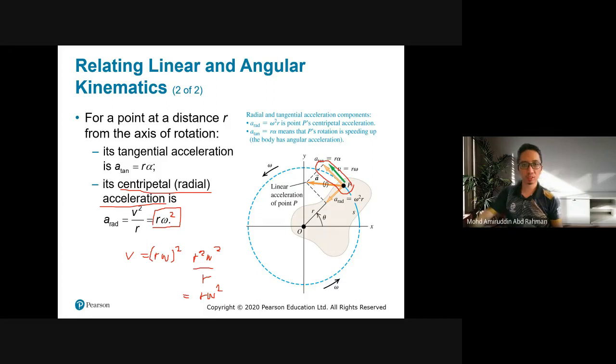It is the square root of (r alpha) squared plus (omega squared r) squared, which is equal to a, your linear acceleration at that point P. So you need to solve this.